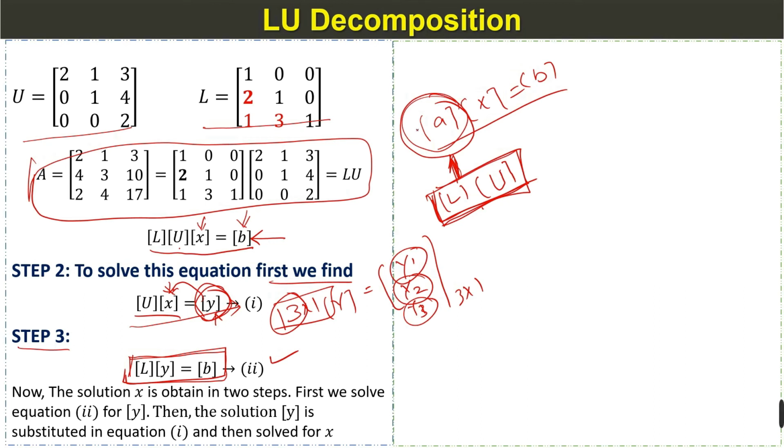Then we put these values into the matrix and solve equation 1 for the values of x. So the solution x is obtained in two steps. First we solve equation 2 for y, and then the solution y is substituted into equation 1 and solved for x.